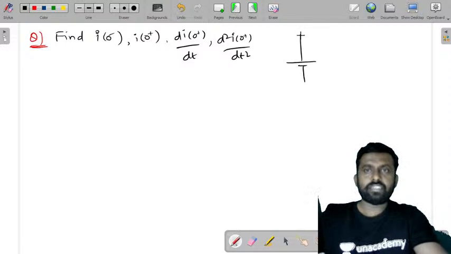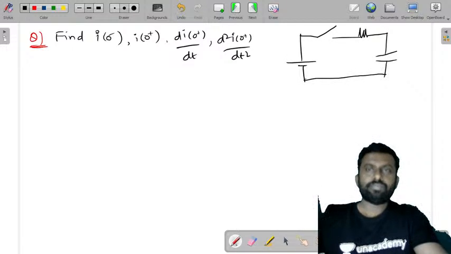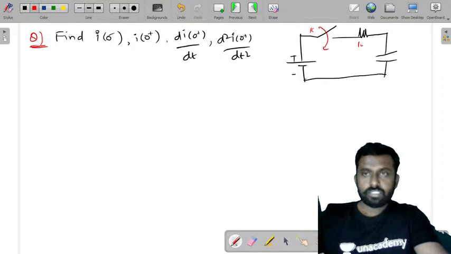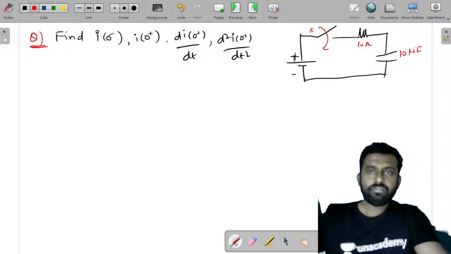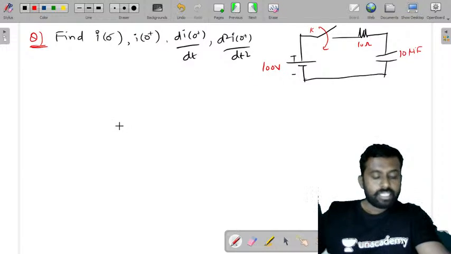There is a resistor and a capacitor, and you are given these values. The switch K is closed, the resistance is 10 ohms, the capacitor is 10 microfarad, and the source is 100 volts.